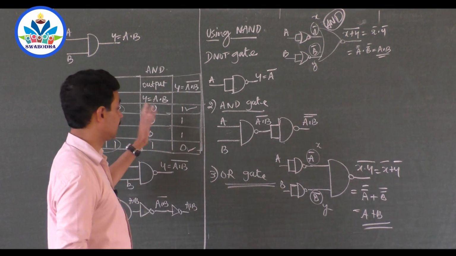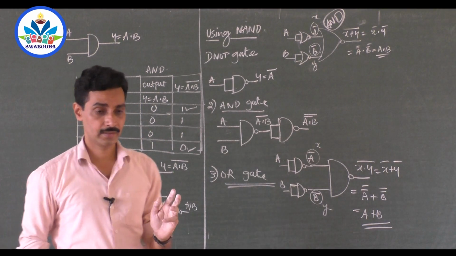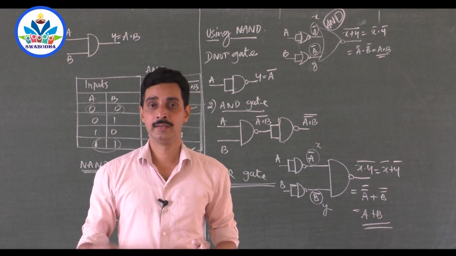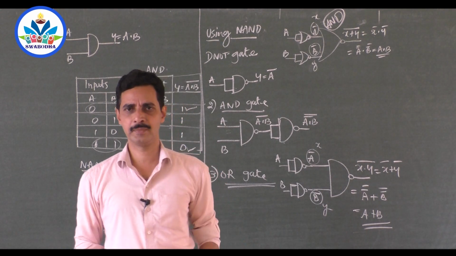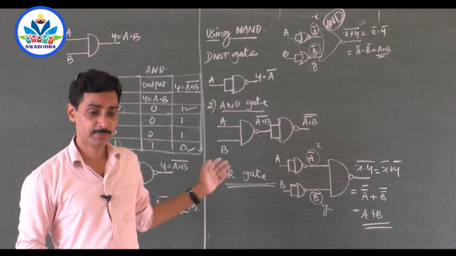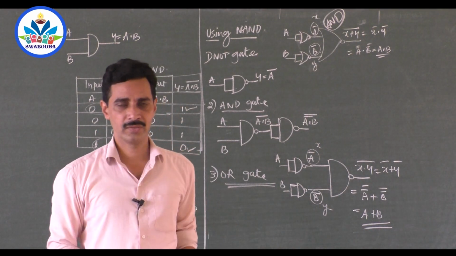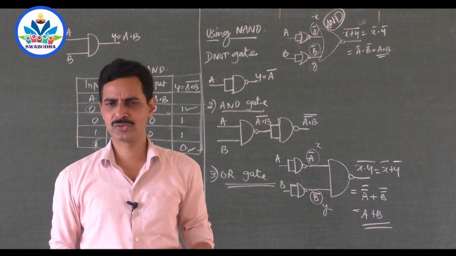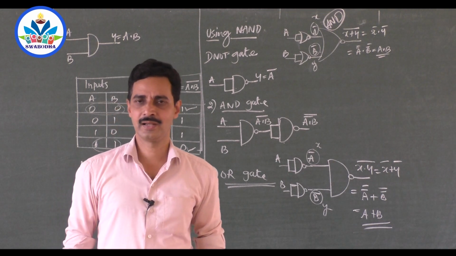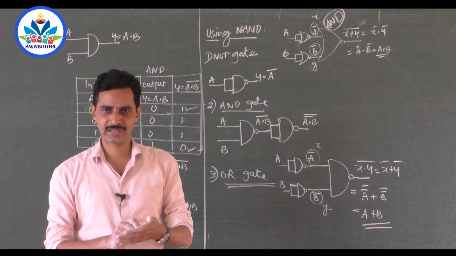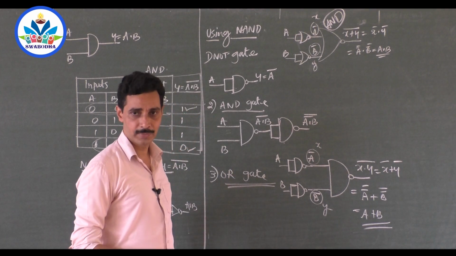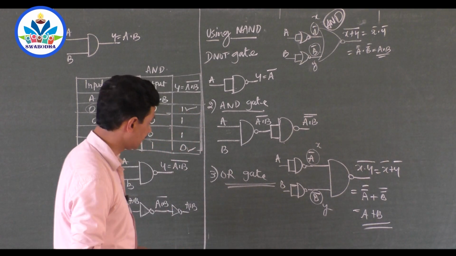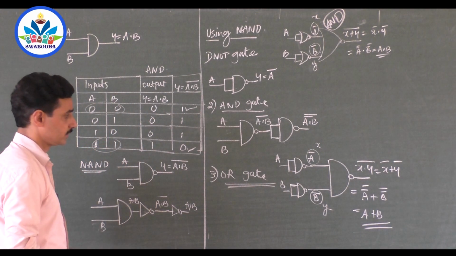And every gate, its truth table and logic symbol, everything is important, because 1 or 2 mark question is guaranteed for the final exam. Even in the entrance exam, this part helps you a lot, because there will be some very easy questions. You can answer them to perfection, and you will get full marks. So study them properly. I think I have not left any gate.